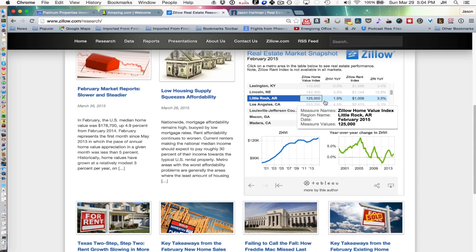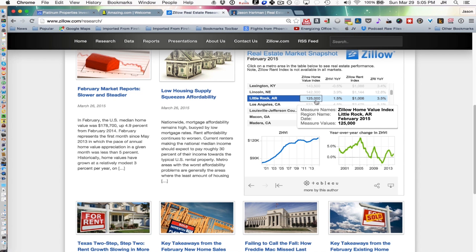But in Little Rock, I wouldn't even be buying a $125,000 house. And you'll notice that the lower the price of the property, the better the rent to value ratio. So there, if you bought a $100,000 property, it would rent for about $1,000 per month pretty nicely most of the time. And you have very good cash flow here.